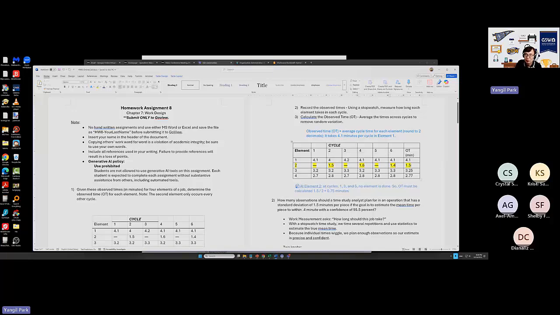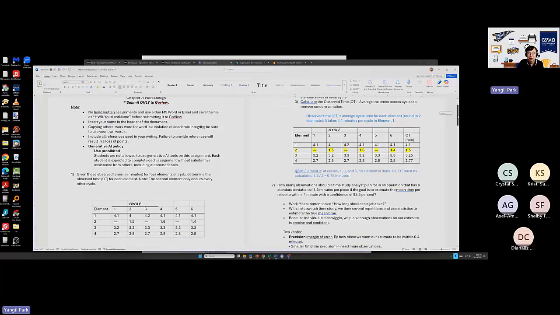So the average of 3 is 1.5. We have a bunch of numbers, and of course you need to calculate. That's the idea here. We found that the observed time for each element is just the average time as we calculated it. Pretty simple.